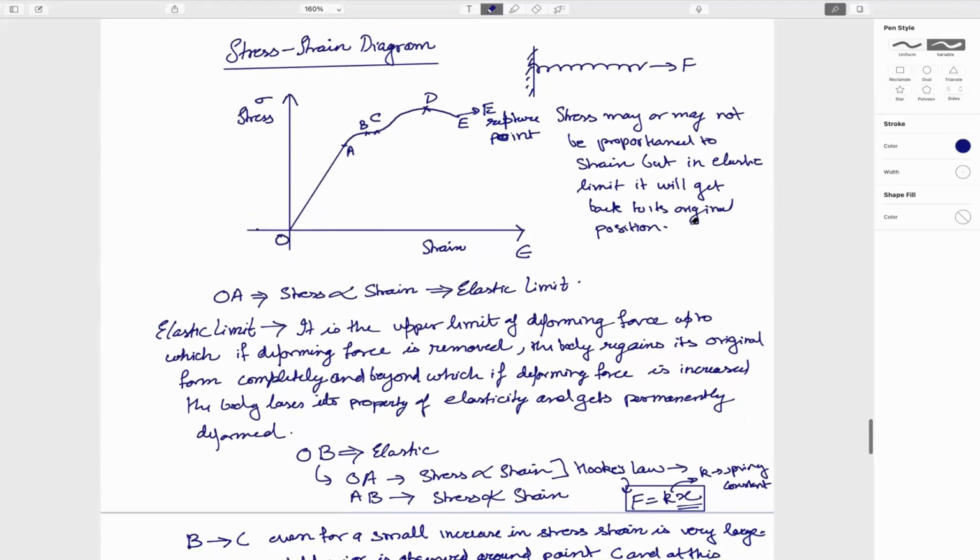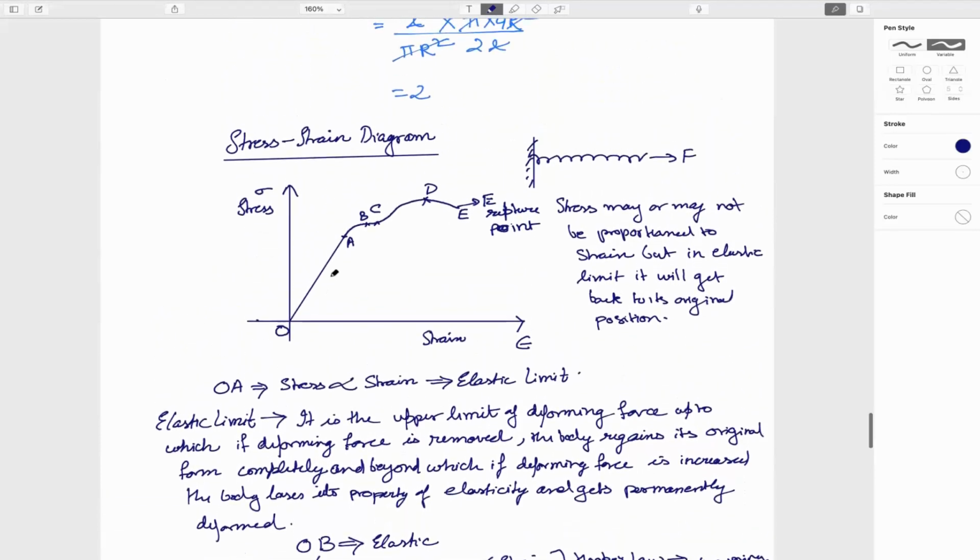Based on these properties, I just want to remind you. OA is the elastic limit where stress is directly proportional to strain. AB is also elastic limit, but stress is not directly proportional to strain. B to D is plastic behavior. B to C, materials flow like a fluid.